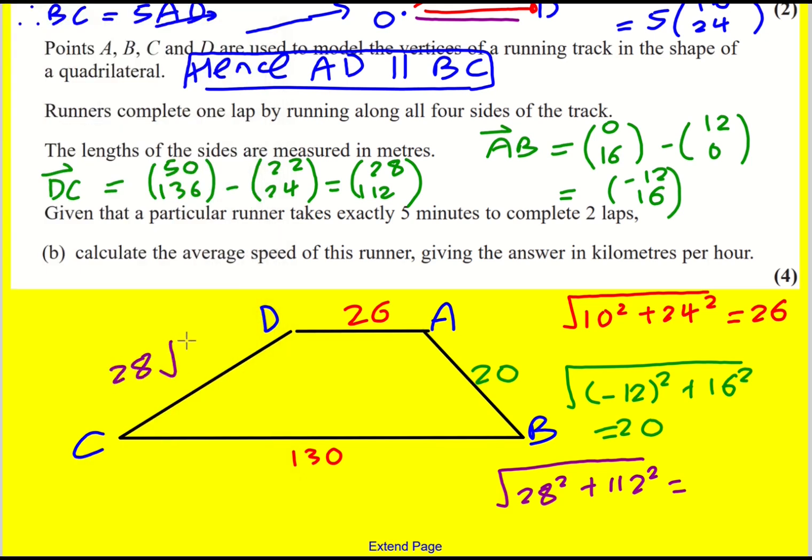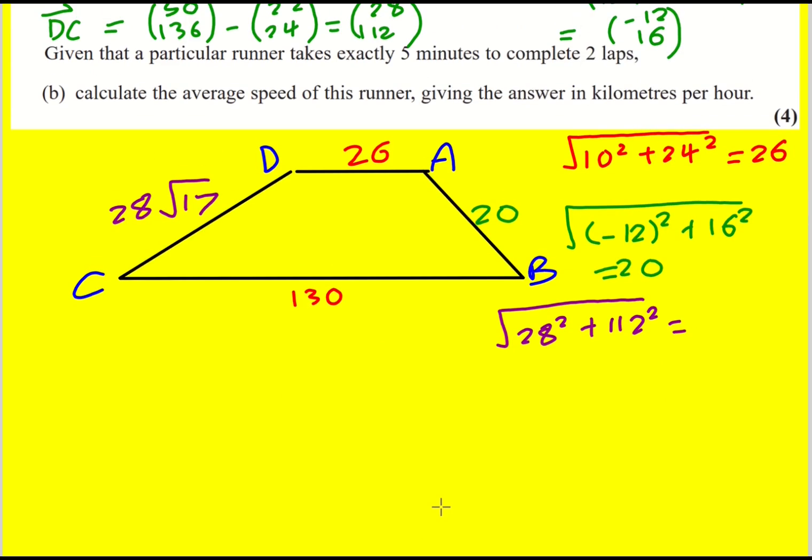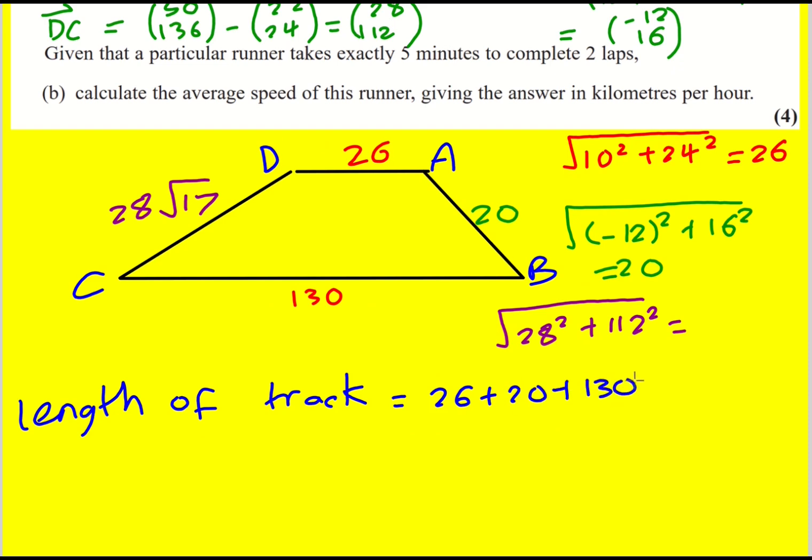I thought, is it going to be a whole number again? But in fact, it's not. It is a surd. We're nearly there. We need to find the total length of the track, so just add them all up. It's not too bad to do this without a calculator. So 176 plus 28 root 17.